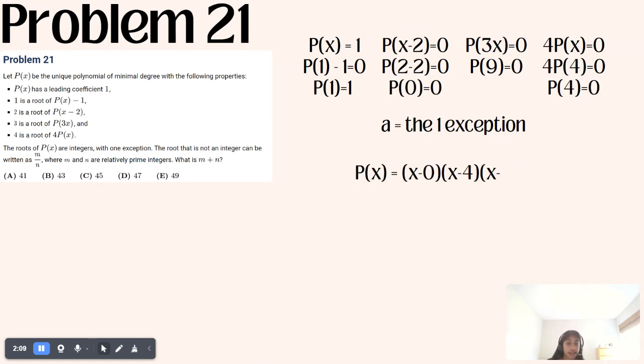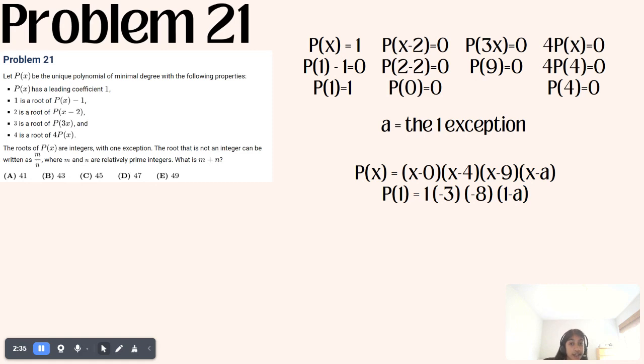Now we can form some equations based on this. So we can say P(x) is equal to x times (x minus 4) times (x minus 9) times (x minus a). We can say this because these are all roots of it, meaning that these are factors of P(x). So using what we got for the first one, P(1) is equal to 1, we can write that.